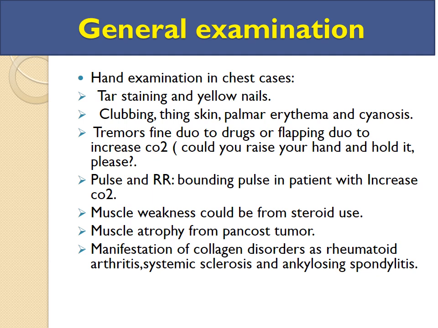Then also look for tremors. Here, fine tremors. What is meant by fine tremor? Fine tremors may indicate this patient is on drugs, like beta-2 agonists, which could be the cause of fine tremors. Then also look for flapping tremors.